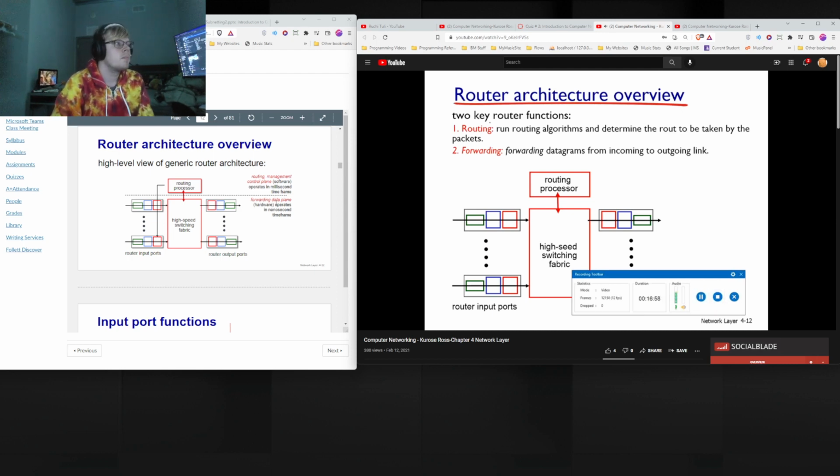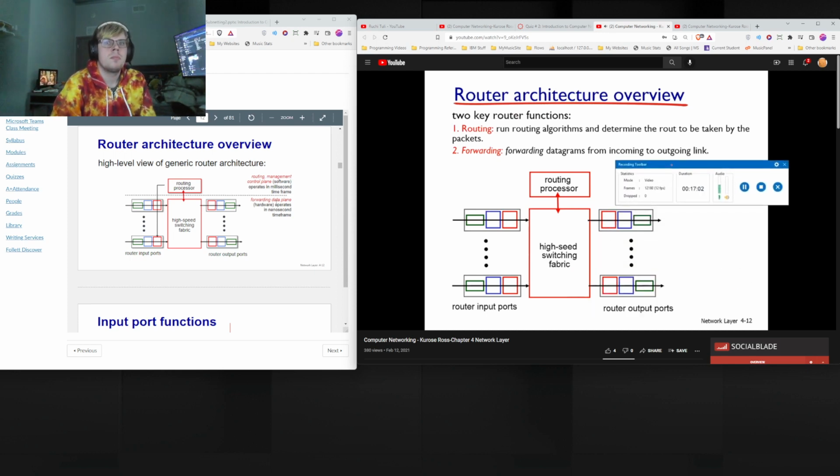As we know, the two main important functions performed by a router are routing and forwarding. Routing is providing a path between source and destination for all the packets, and forwarding is transmitting the packet from the router's input port to the router's output port, forwarding the datagram from the incoming to the outgoing link.